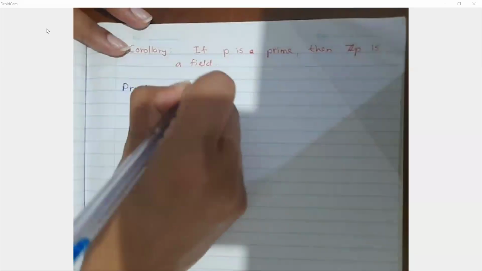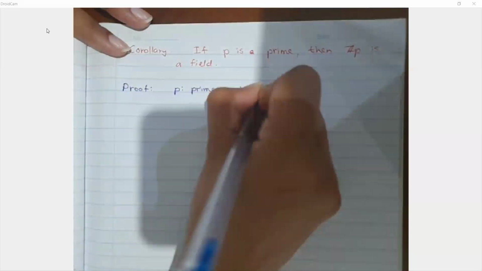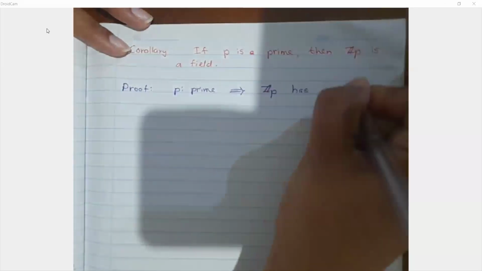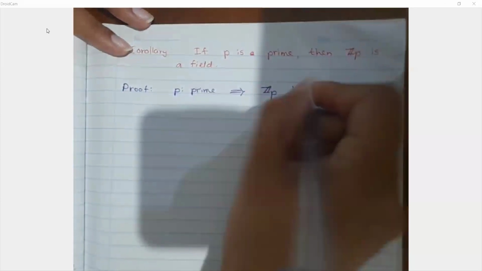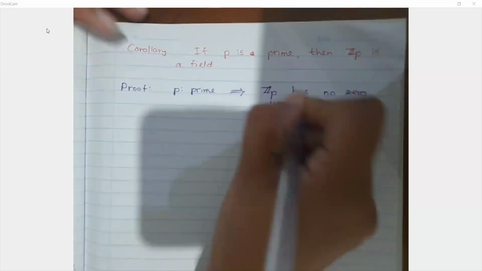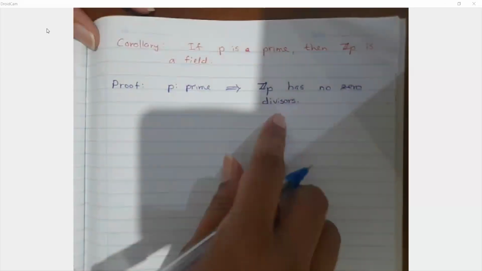Right, so the proof is somewhat immediate. p is prime. This implies that Zp has no zero divisors. And it's commutative, it has 1 and no zero divisors.